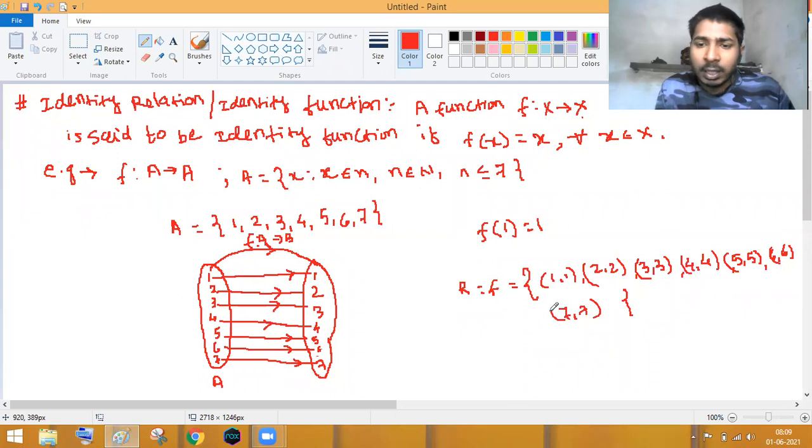Yes, sir. Okay. So from here, can we interpret that every identity relation or every identity function is a reflexive relation?